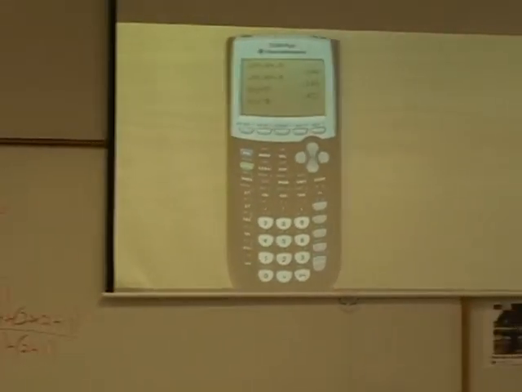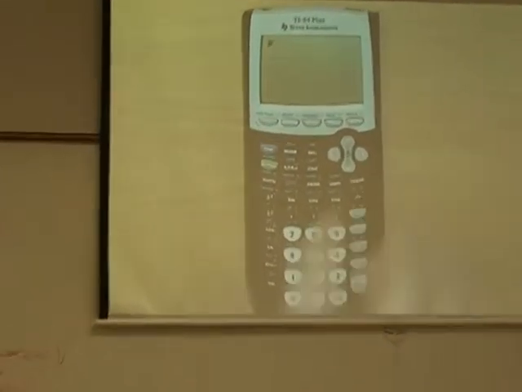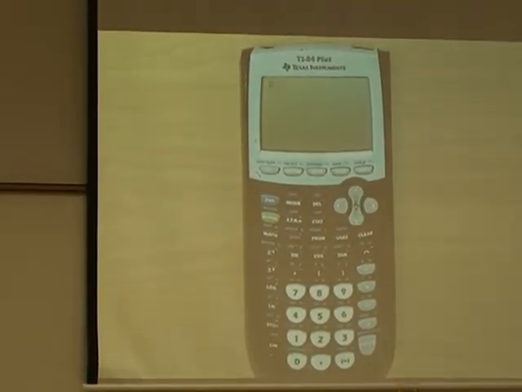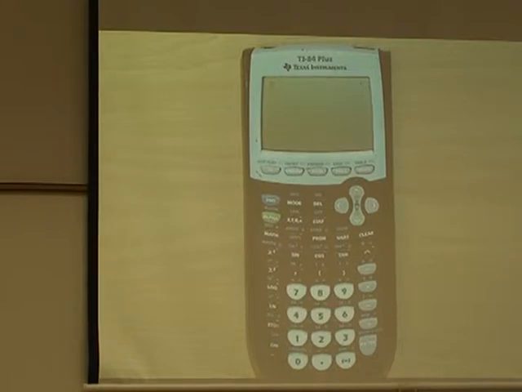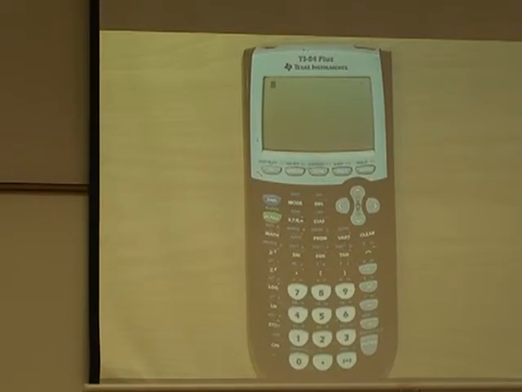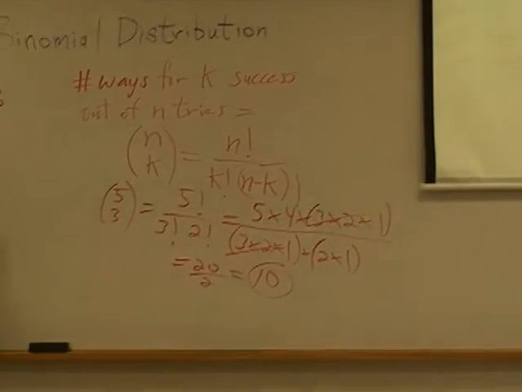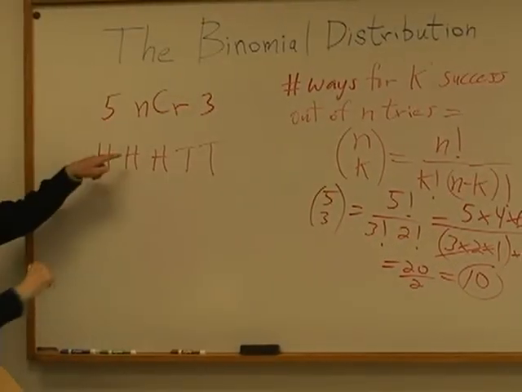So if I want to know what the third entry in the 5th row of Pascal's triangle is, that is, how many different patterns of length 5 have exactly 3 successes in them. Here's one way, using heads as my successes. Heads, heads, heads, tails, tails, right? That's one way it can happen.